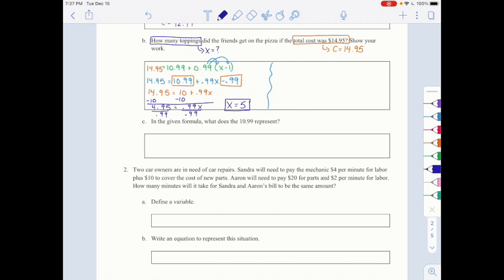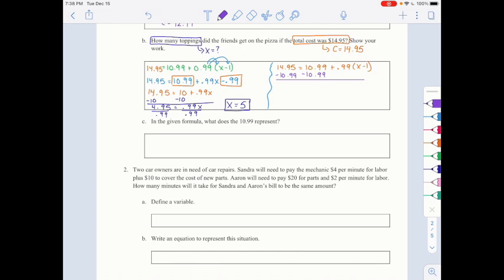The other way we could do this is I can do a different step first. I'm pretty much going to have to distribute no matter what. But if I'm starting with this equation, I can actually subtract 10.99 first and then distribute after that. So it's really your choice how you want to go about this.